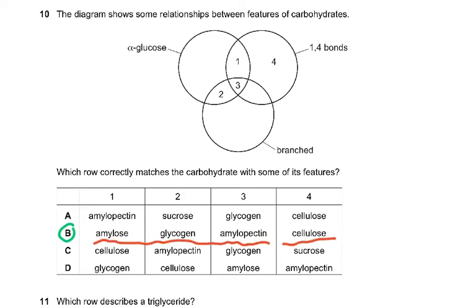You have to know this. So 1,4 bonds, alpha glucose. So what was 1 was amylose, and 2 was glycogen, and then of course amylopectin 3. Why? Because it contained all these, and then of course cellulose.